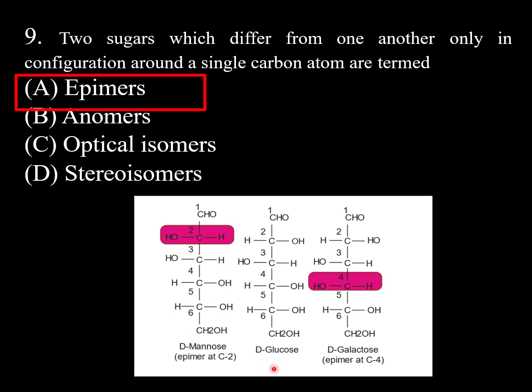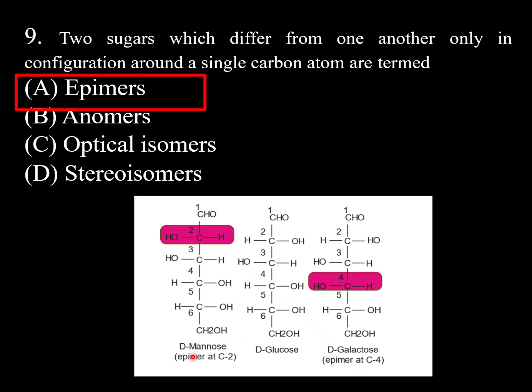If you see here, this is the structure of glucose and this is the structure of mannose. Mannose and glucose are structurally the same, except for position number 2. There is a difference in the orientation of the hydroxyl group. For glucose, the hydroxyl is on the right side, while in mannose, the hydroxyl is on the left side. So the spatial configuration differs at only one single point.